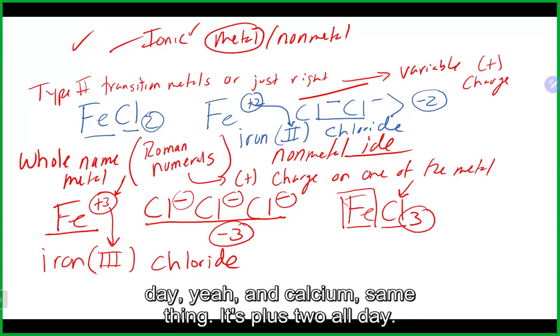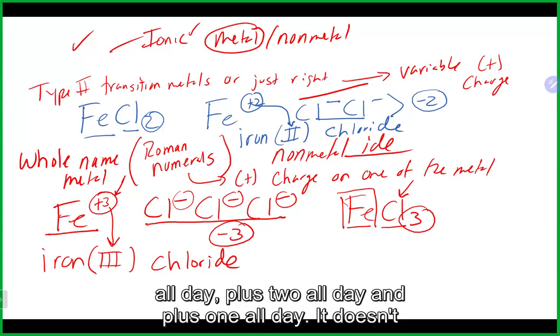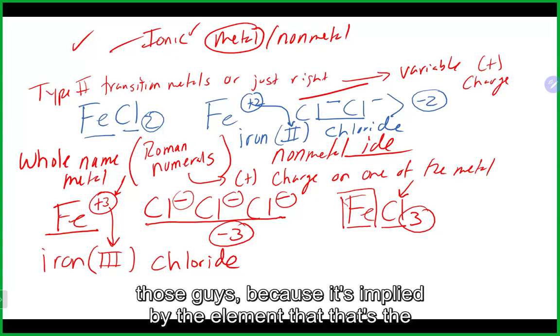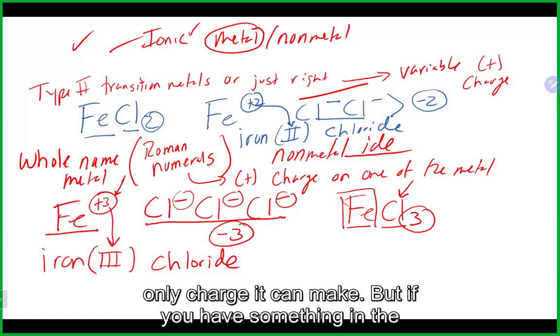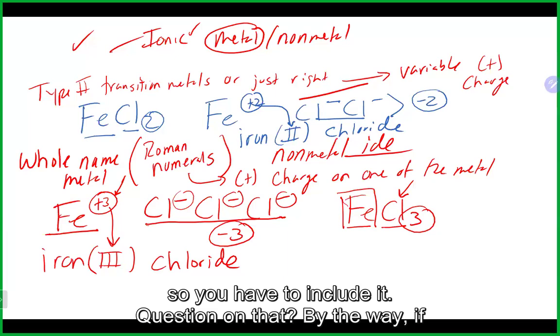And calcium, same thing, it's +2 all day, and that's known. It doesn't really matter. And that's why we don't need the Roman numerals on those guys, because it's implied by the element that that's the only charge it can make. But if you have something in the transition metal region, it can make multiple types of charges, so you have to include it. Question on that?